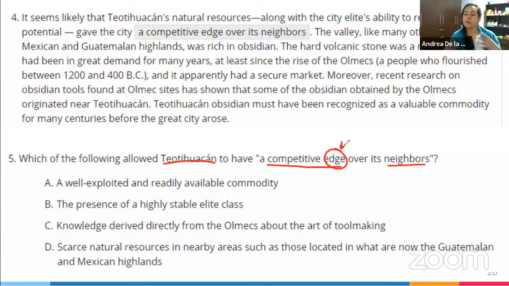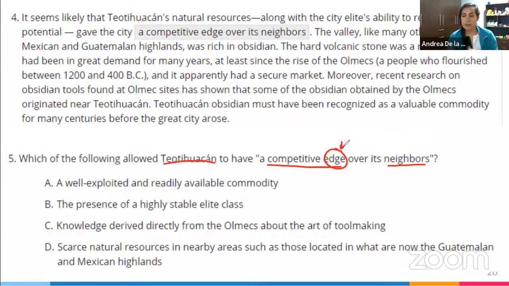So what you guys have to do now that you've identified the keywords is look for those keywords in the paragraph. Now, careful with this step because you won't always have the exact same words in the text. Sometimes you'll have synonyms of those words. So maybe instead of a competitive edge, you have an advantage, maybe a big advantage over surrounding cities, for example.